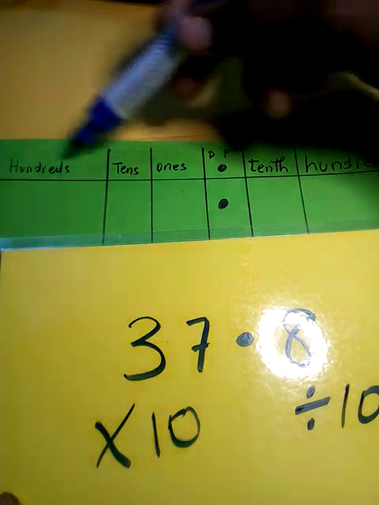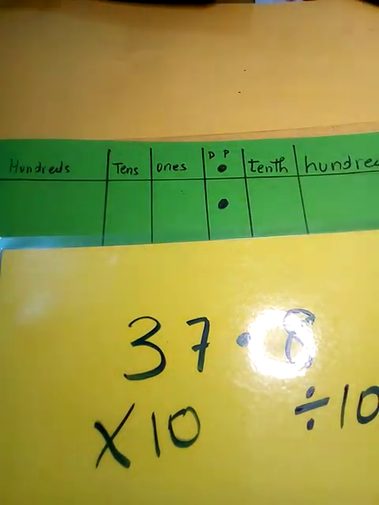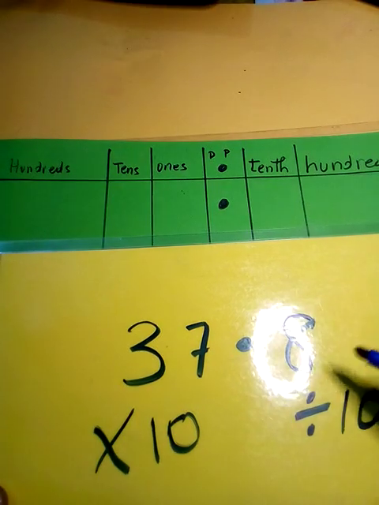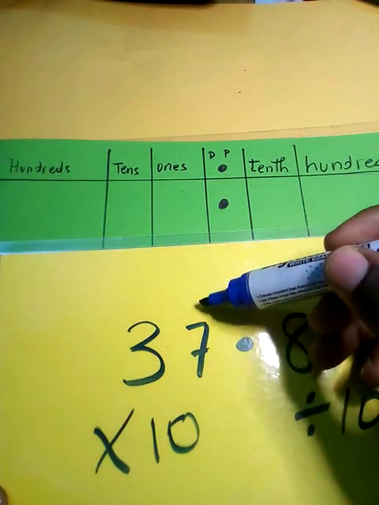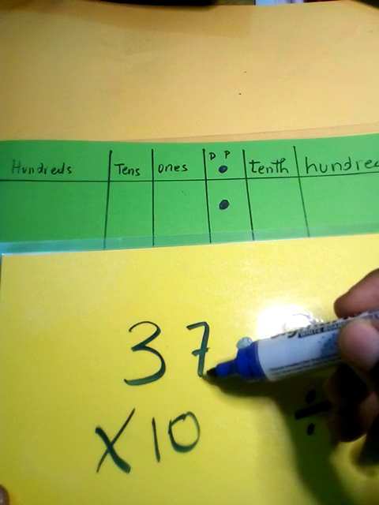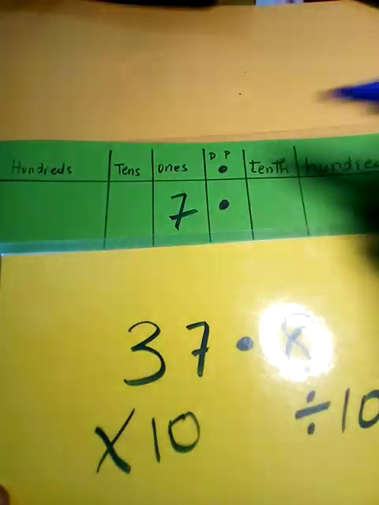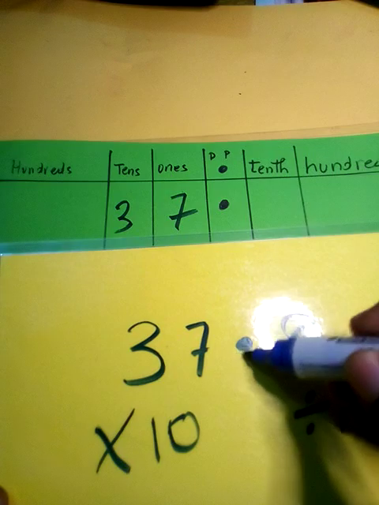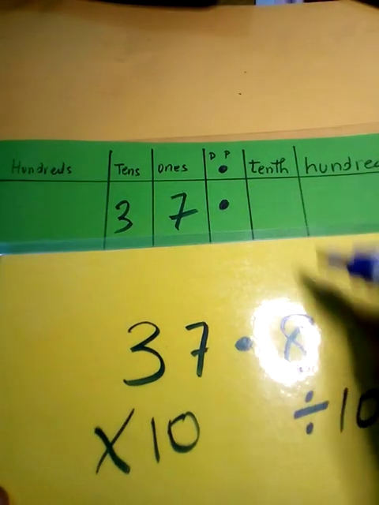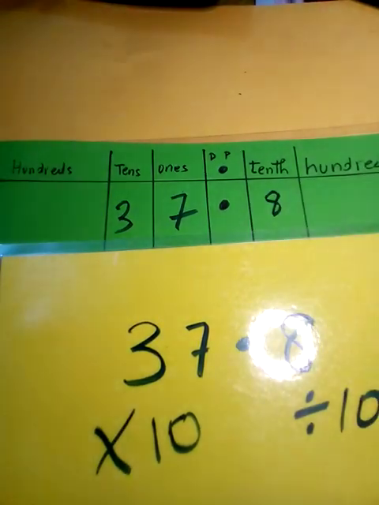So we multiply by 10 to increase the value of the digits on the left, and we divide by 10 to decrease the value. So how would I represent 37.8? The 7, always the last digit, is ones, then 3 tens, our point, then we have 8 tenths.